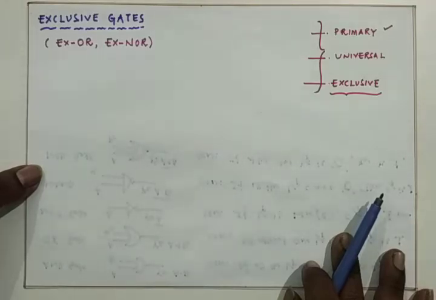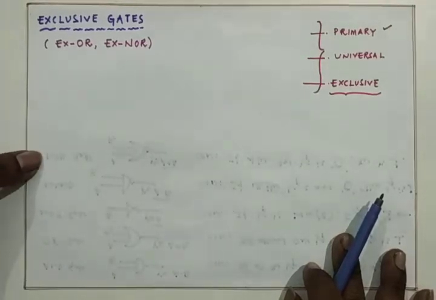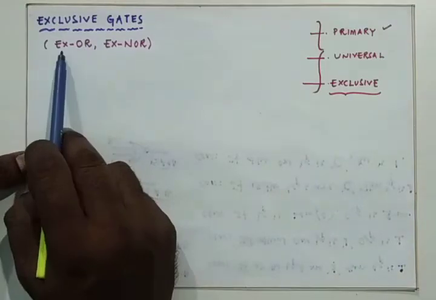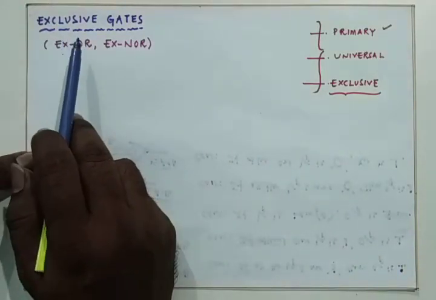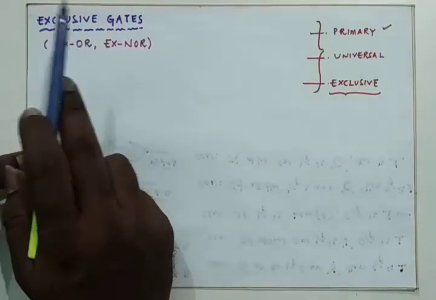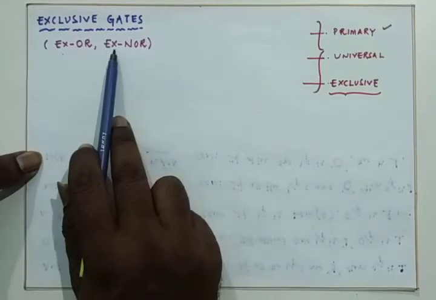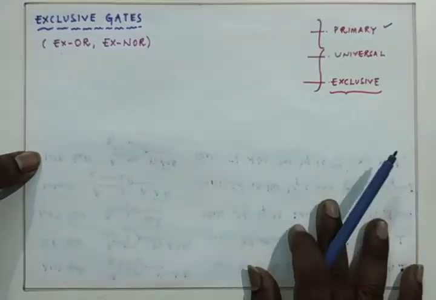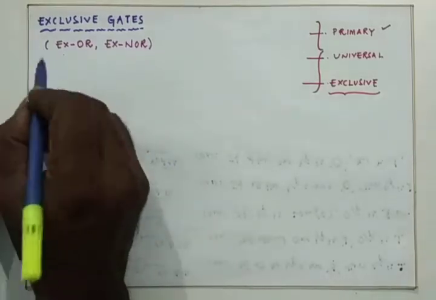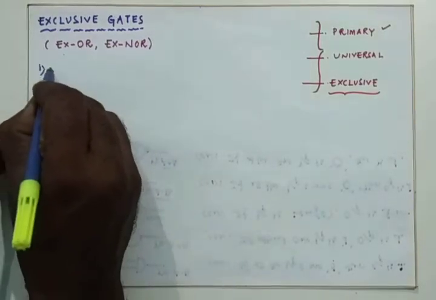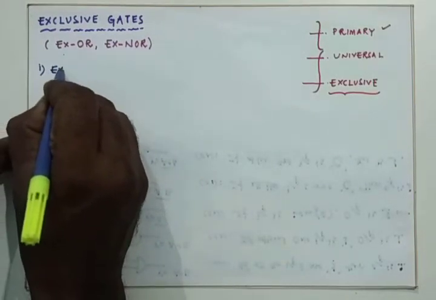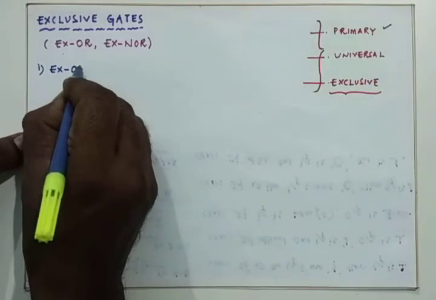So the XOR provides one particular output, and the inversion of that output is the output of the XNOR gate.